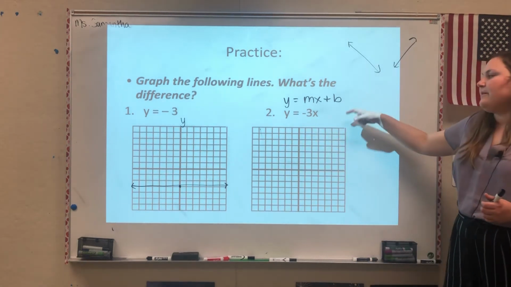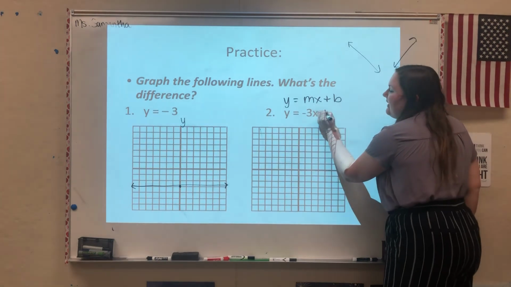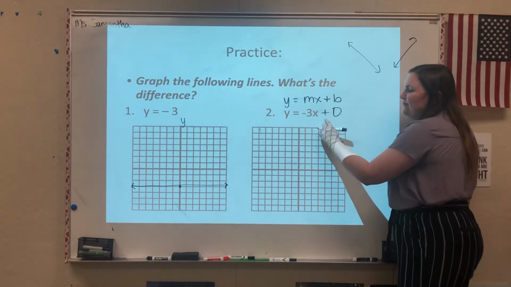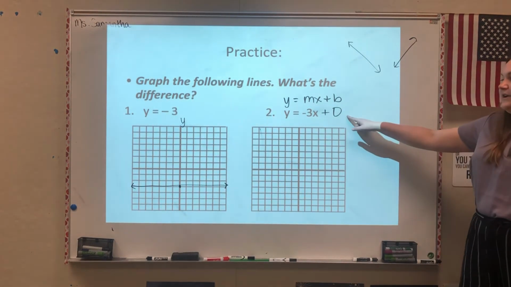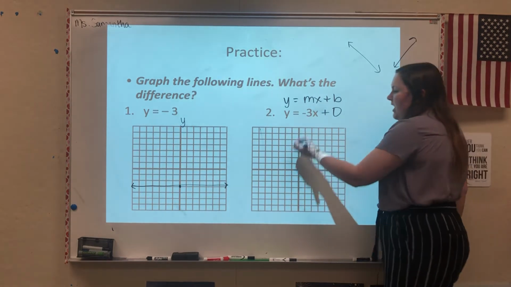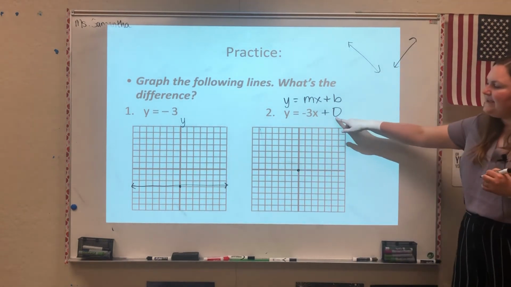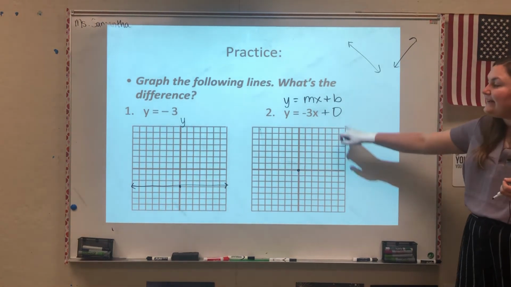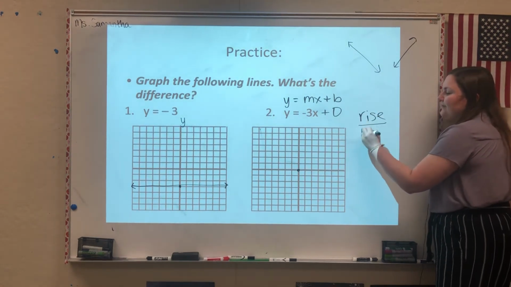If I'm also comparing it to slope-intercept form, that's helpful because then I can also see our y-intercept is going to be 0. There's no number written here, which means the y-intercept is 0. So when I go to graph this one, our line crosses through the origin at 0, and then the slope is -3. Remember, if you're trying to graph a line like this, you can always use rise over run.